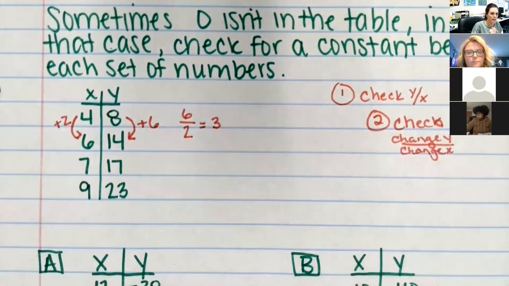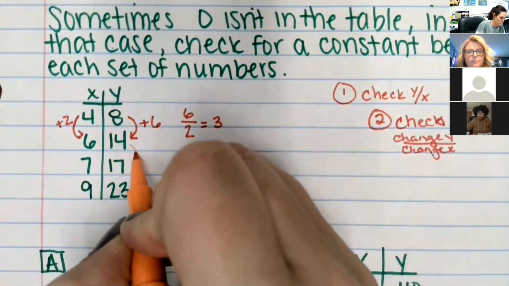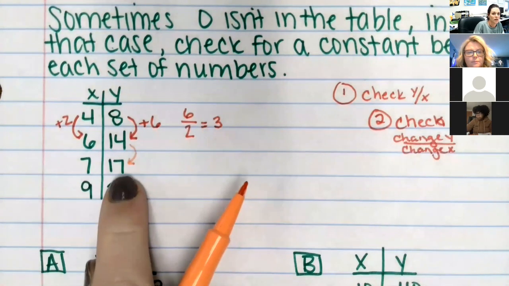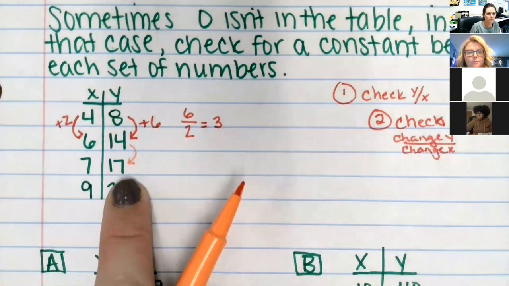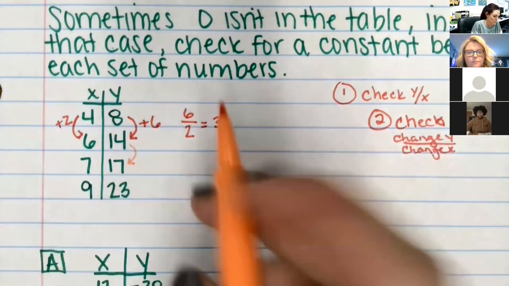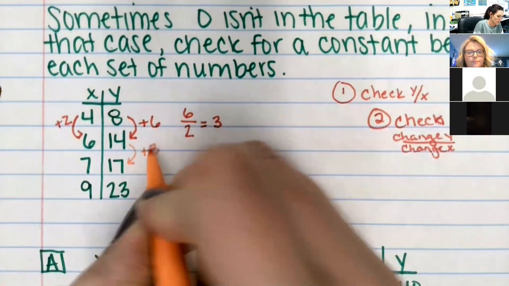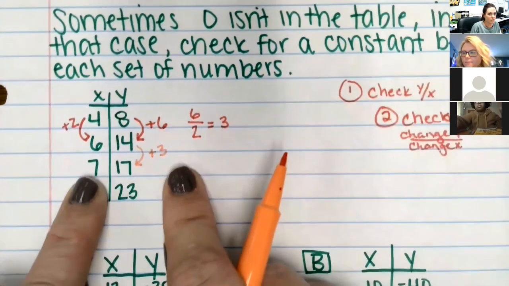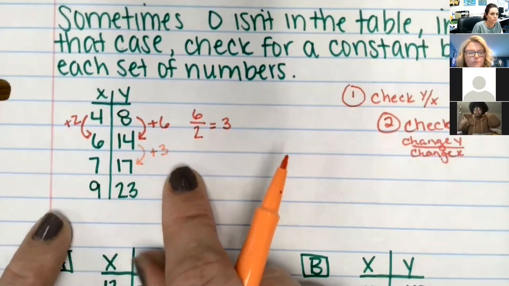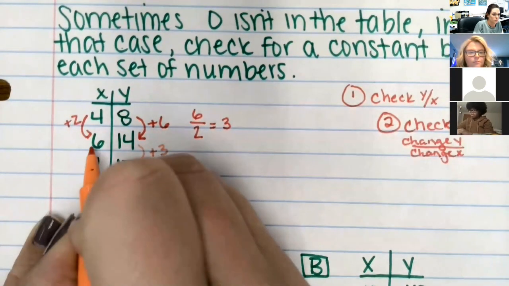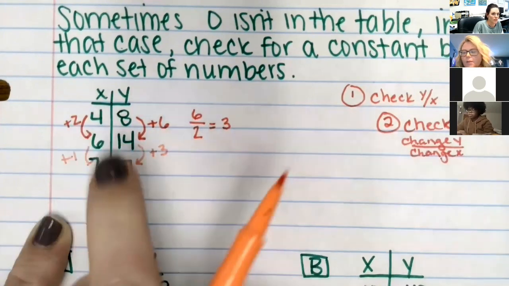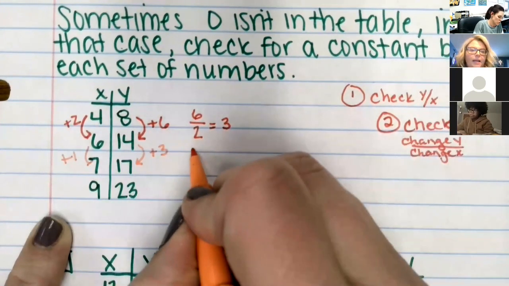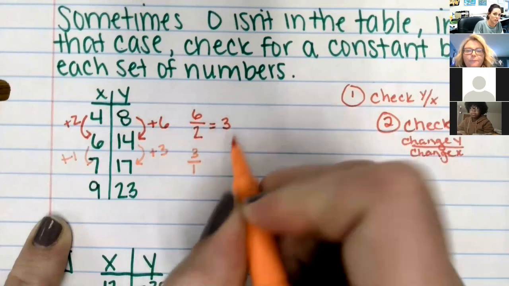I'm now going to go to my next set of data, and I'm going from 14 to 17. How much did it change? Plus 3. And I'm going from 6 to 7. How much did it change? 1. Okay. So I'm doing the same thing. Change in Y over change in X.